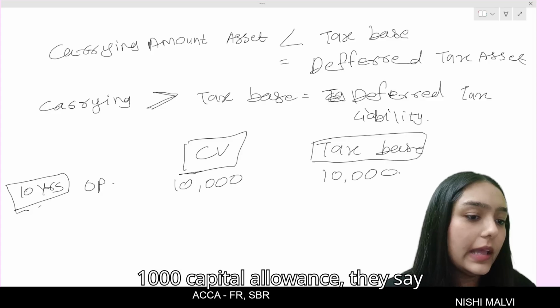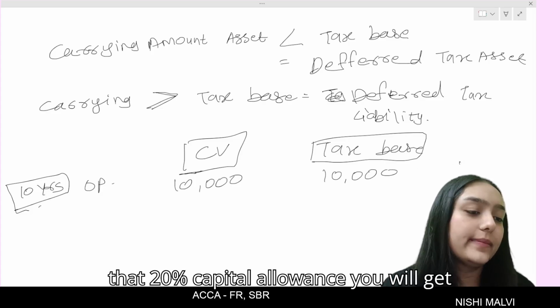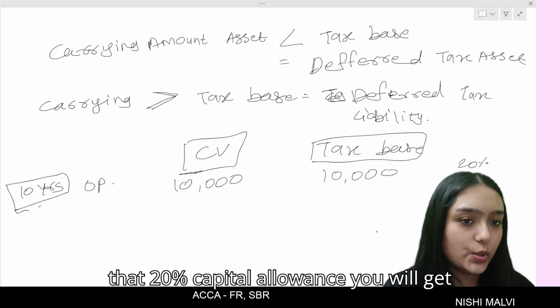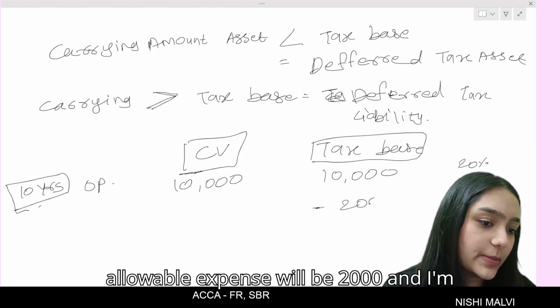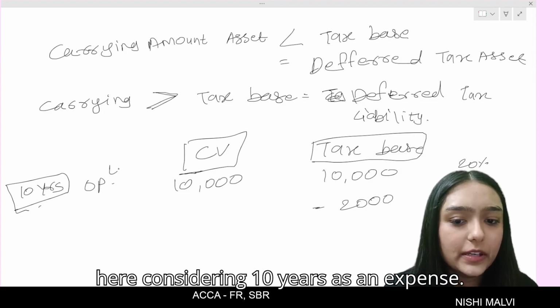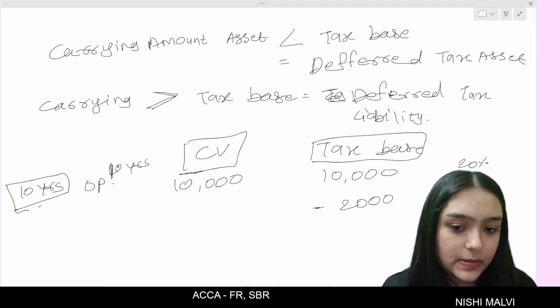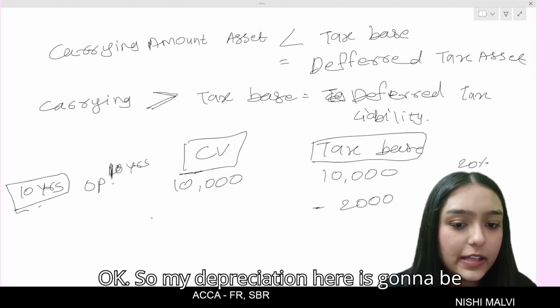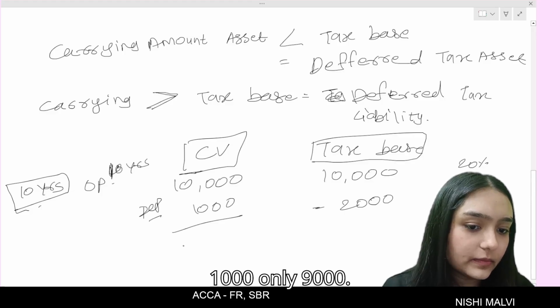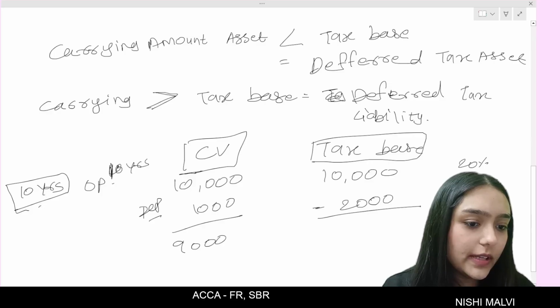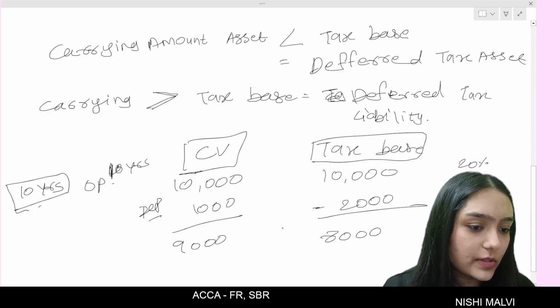For capital allowance, they say you will get 20%, so this allowable expense will be 2,000, and here I'm considering 10 years for depreciation, so my depreciation is 1,000 only, leaving 9,000, and here I'll get 8,000.